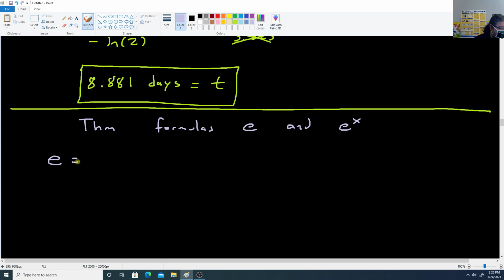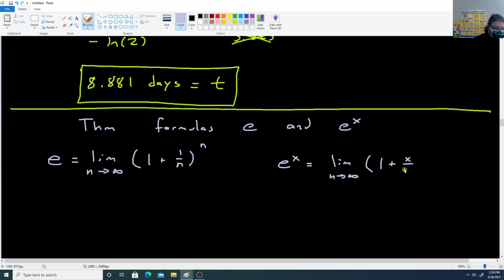So we get E is equal to the limit as n approaches infinity of 1 plus 1 over n to the nth power. And we get e to the x will equal the limit as n approaches infinity of 1 plus x over n, all that to the nth power.